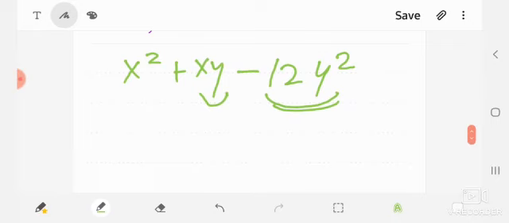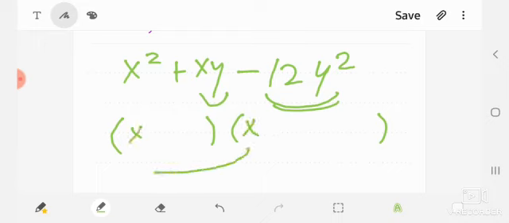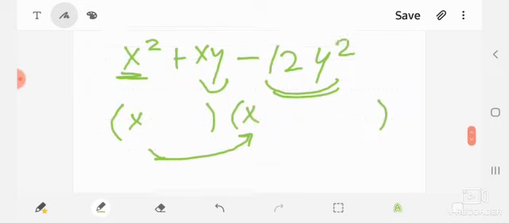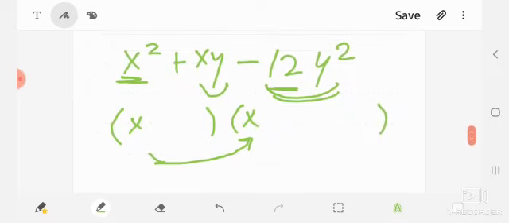So when we make our parentheses, we have x and y. We put x here and x here. When we multiply them, it gives us the first term, x squared. How can we get the third term? The coefficient is minus 12, and we have y squared, so we have a y in each bracket.